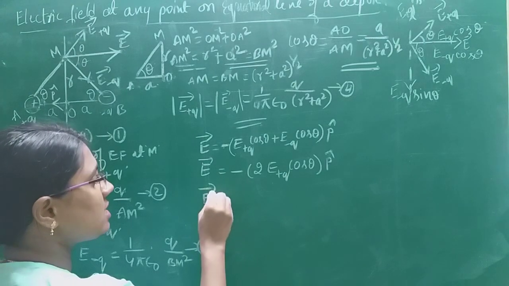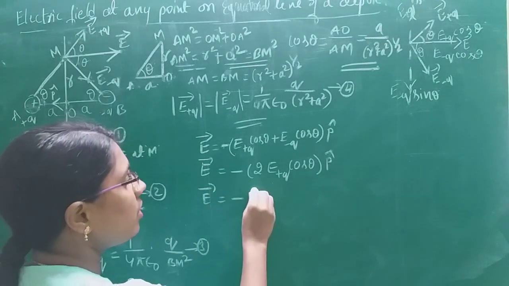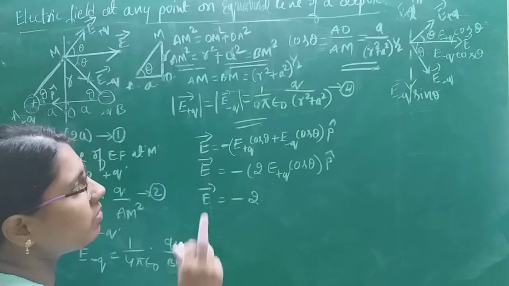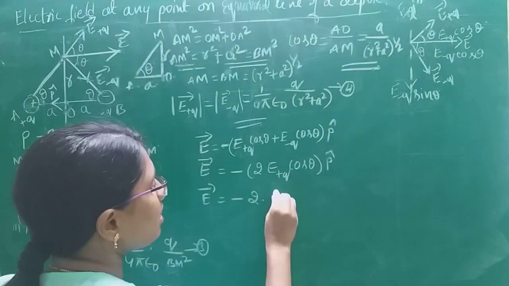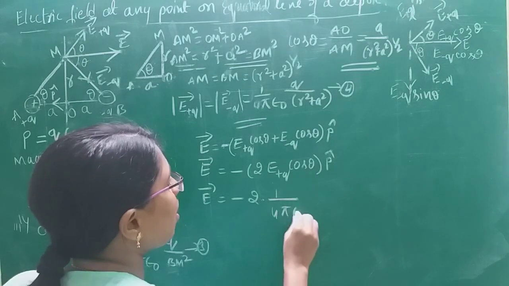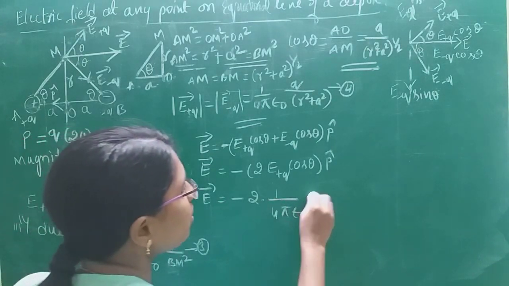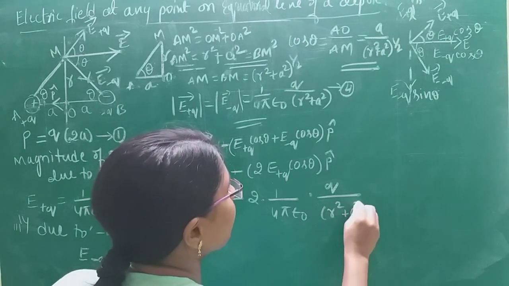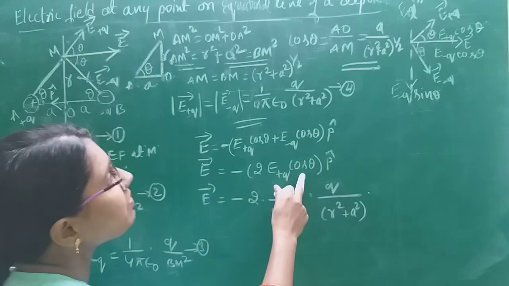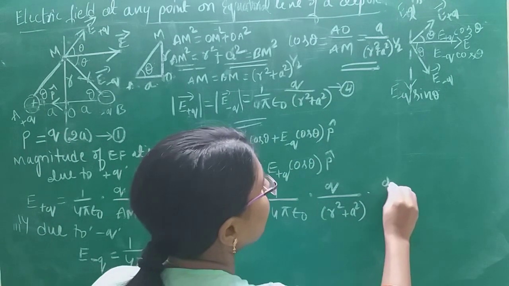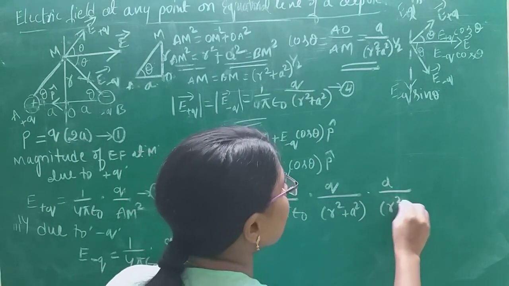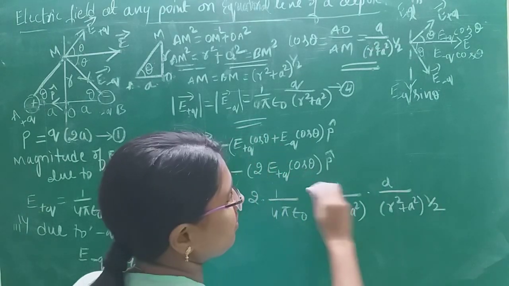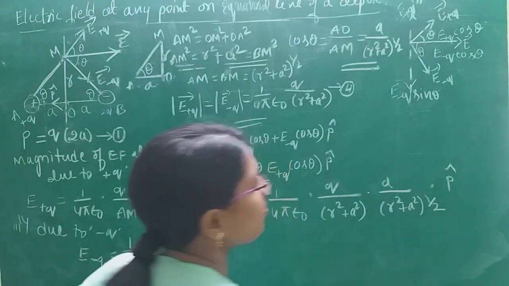Therefore vector E is equal to minus of 2 into E plus Q or E minus Q, both are equal, and its value is 1 by 4 pi epsilon naught into Q divided by R square plus A square, into cos theta value, which is nothing but A divided by R square plus A square whole to the power of 1 by 2, into p cap.